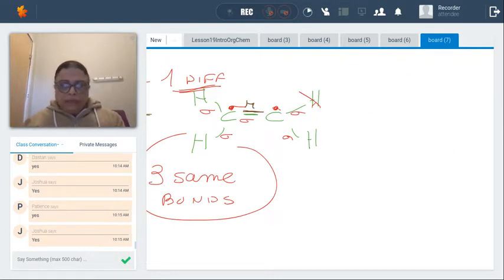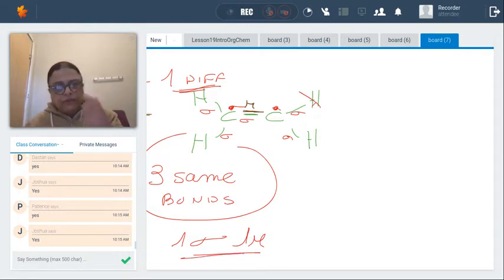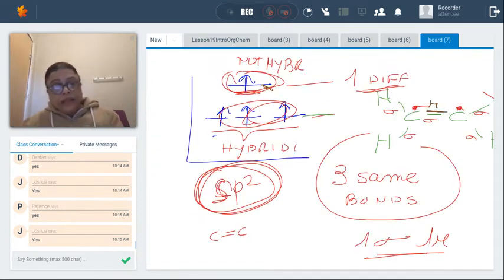So a double bond is 1 sigma, 1 pi. It's made out of two types of bonding. A sigma bond that comes from the hybridization, and another one that is made out of the unhybridized electrons.